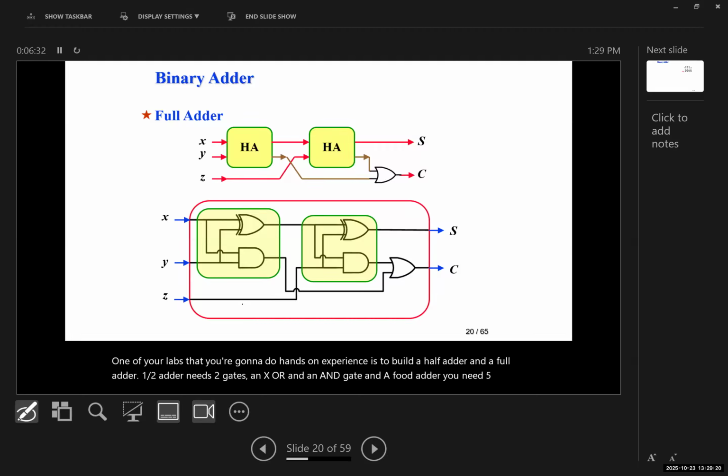For the 2's complement numbers, if we combine that with an XOR, we can create an overflow. That overflow actually shows us if we have a negative number or a positive number in the output. I will give you some examples later on for this as well.